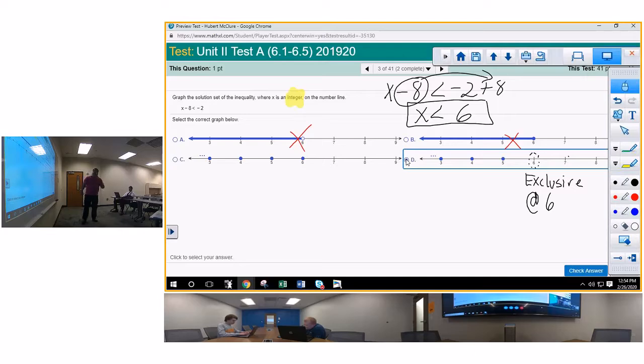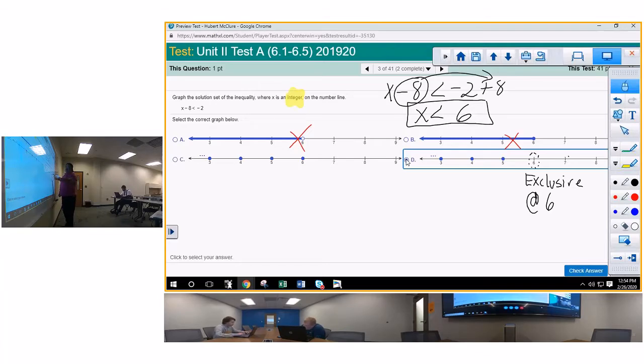Remember, you can't plug 6 back into this equation. You have to plug in what? 5. That means it's exclusive. 6 is not invited to the party. 6 is not invited to the party because 6 doesn't give you a true statement. What's the only numbers that give you true statements? Exactly.